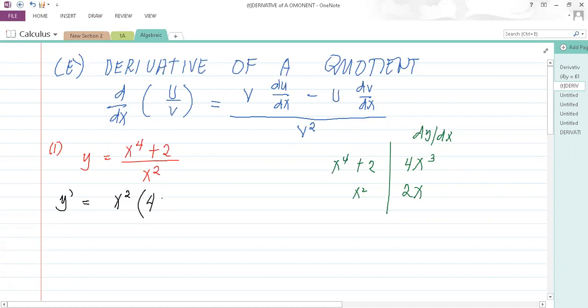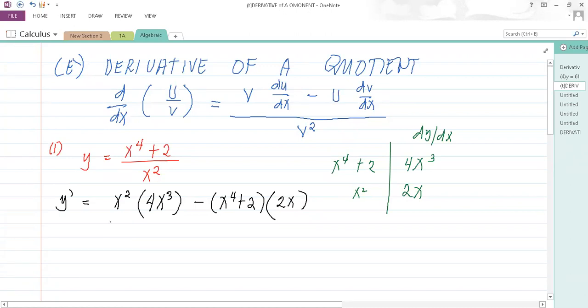So multiplied by 4x raised to 3. Okay, so minus the numerator. So we just have to copy the numerator, that is x4 plus 2 multiplied by the derivative of our denominator, which is 2x. Yan yung derivative ng denominator na 2x.